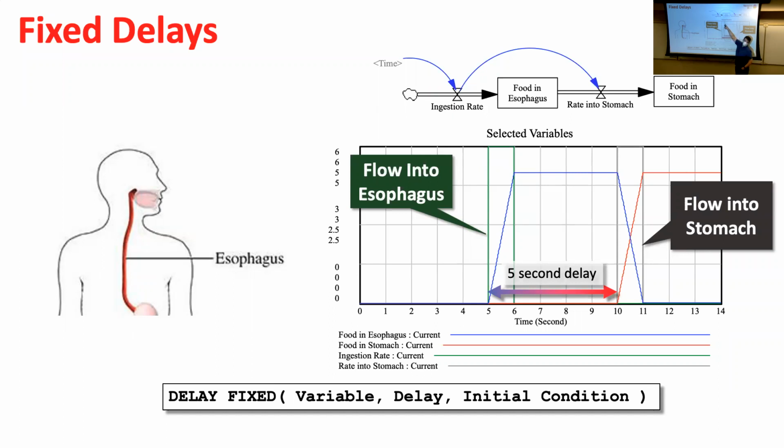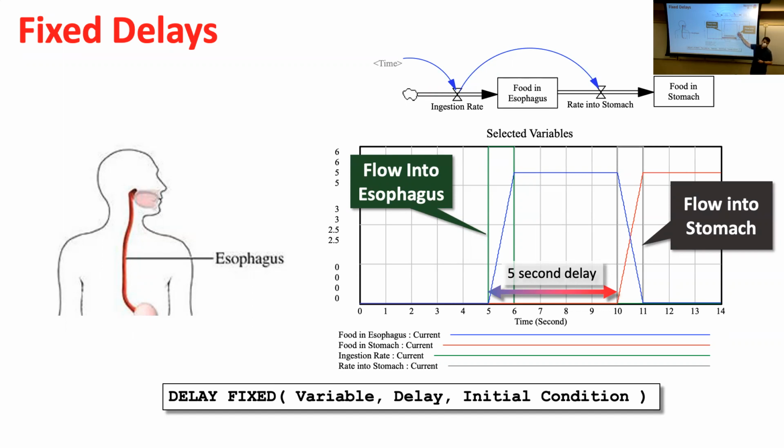At the point where food stops being inserted in the mouth, the food in the esophagus stays constant. It stays constant while the food is moving down the esophagus. It doesn't actually dump out of the esophagus until it hits the stomach. And that is that fixed delay. So 5 seconds later, this ingestion rate gets mimicked as an outflow out of the esophagus into the stomach.